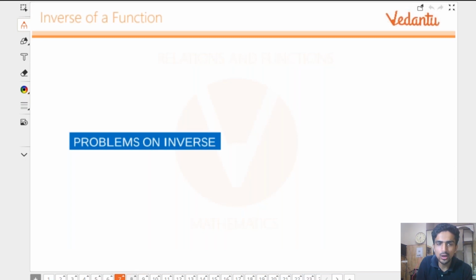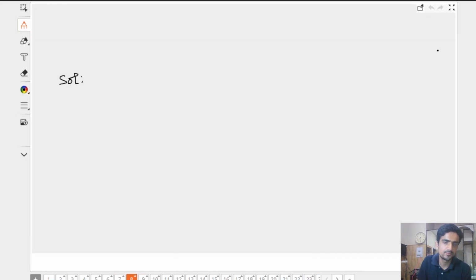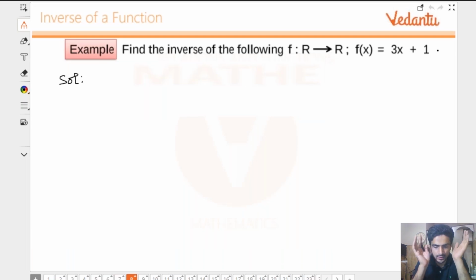First, let me just tell you how to find inverse. Look, dear, in first question, I'm telling you how to write the complete solution in boards. I'll do this thing for 2 questions so that you should know how to write it in boards. And then I'll straight away jump to good level of questions and will then not focus on how to write it. We'll focus on how to find it.